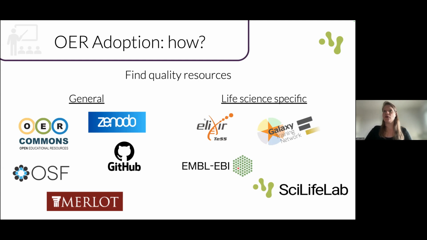So for those, you can look at Elixir, the TESS portal. The Galaxy Training Network has a lot of training, and the EMBL-EBI, they have a lot of trainings as well. And at SciLifeLab now, we're setting up the training hub with the training portal. This is still under development, but we also plan to either link to or host open educational resources on this platform.